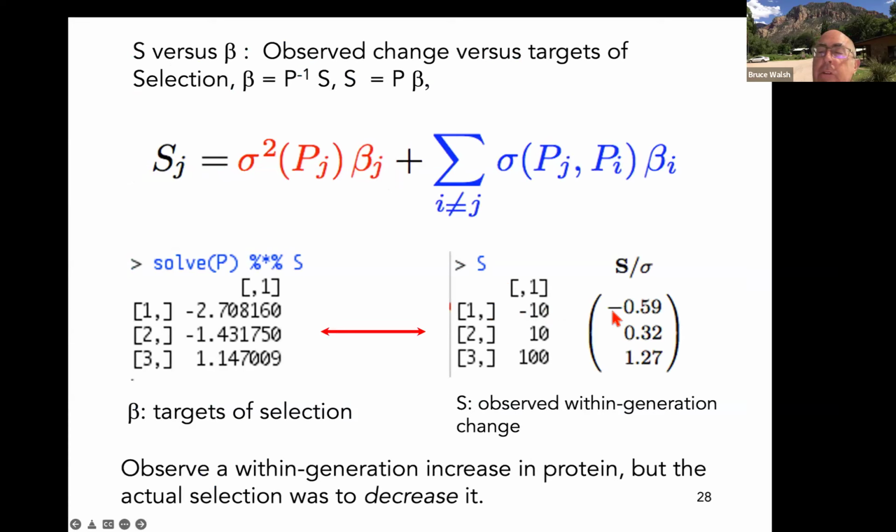So here's the selection that I see, and this is basically standardized for phenotypic standard deviations. So what I see is I have decreased selection in trait 1 and increased selection, slight and strong, in traits 2 and 3. What's actually occurring is I'm directly selecting to decrease trait 2 as well. But I don't see that. Why? Because this other term here overpowers it.